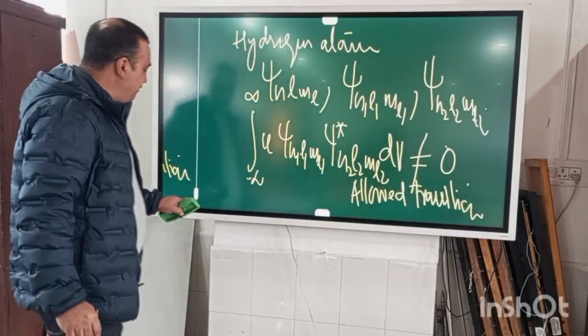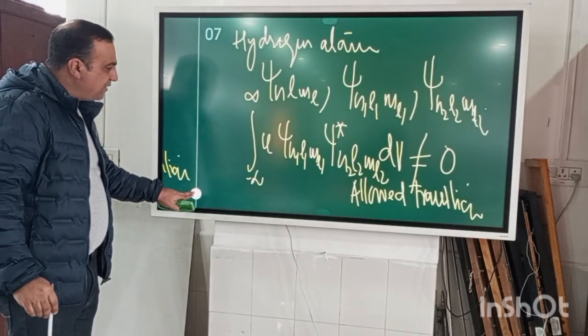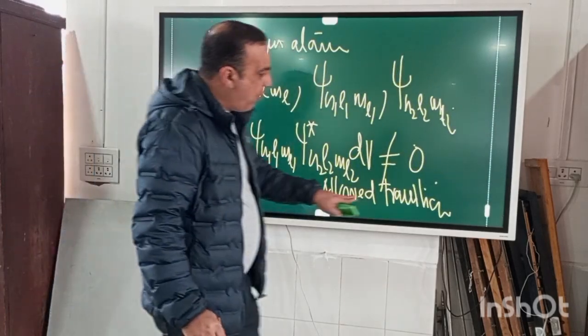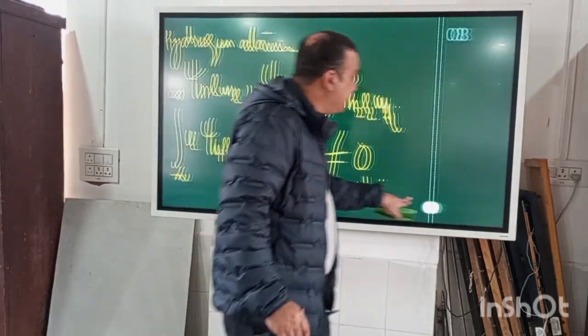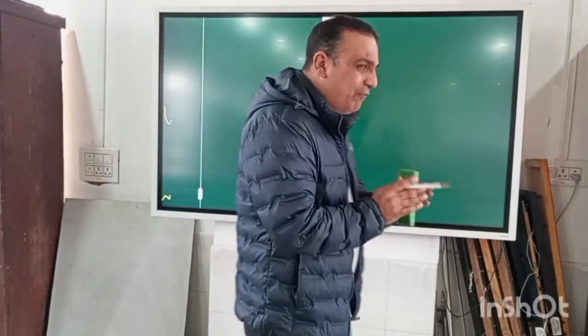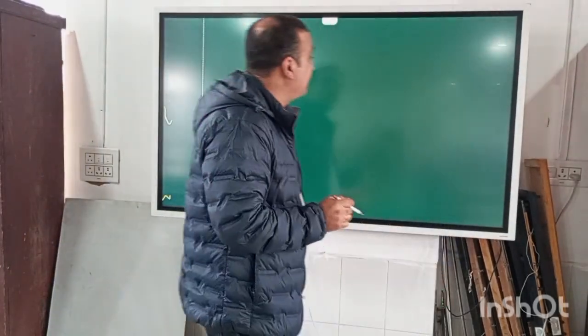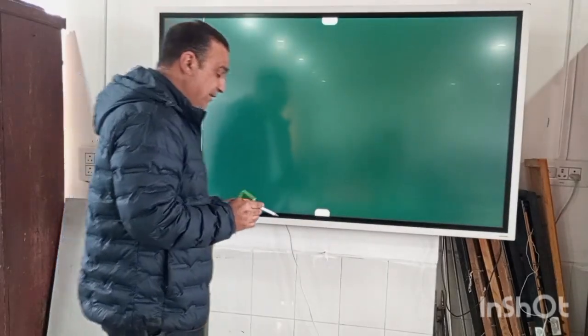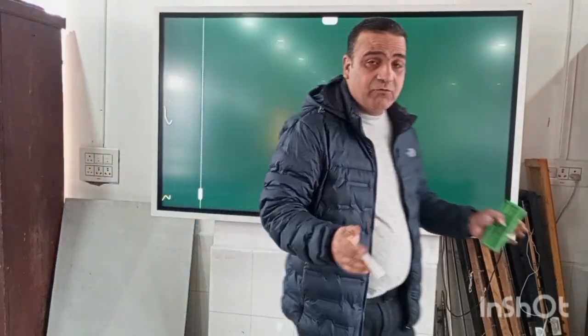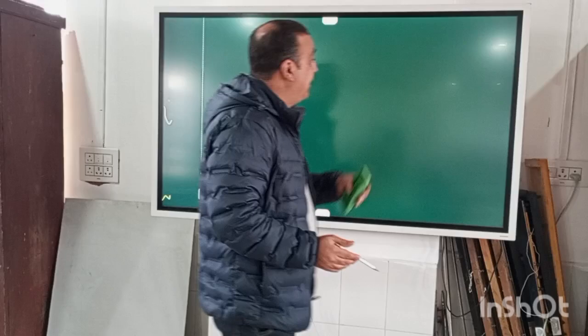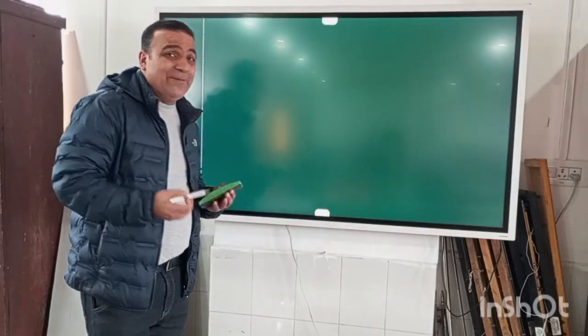So the allowed transitions that we have come up in the form of the selection rule, and a non-zero value of this integral is possible, and to have a non-zero value of this integral, it needs a basic condition.